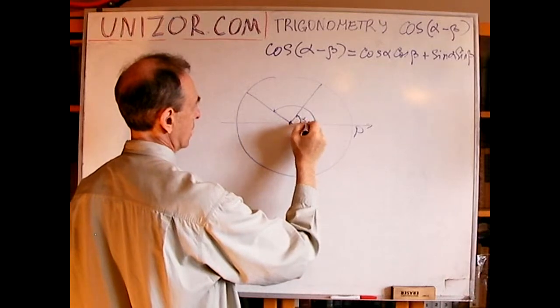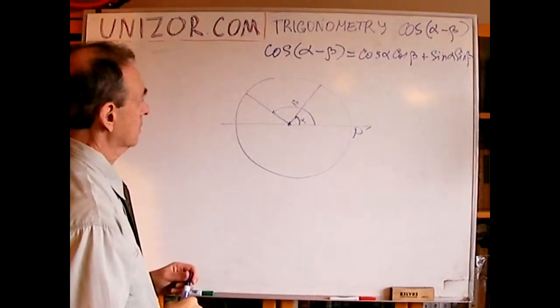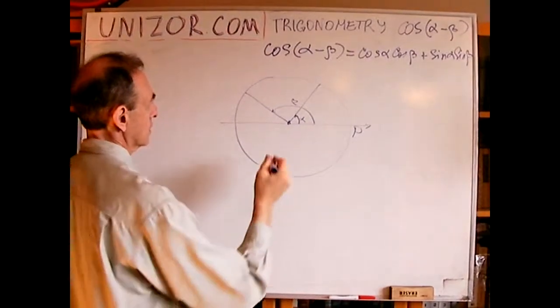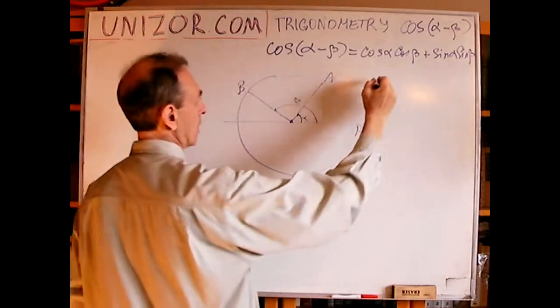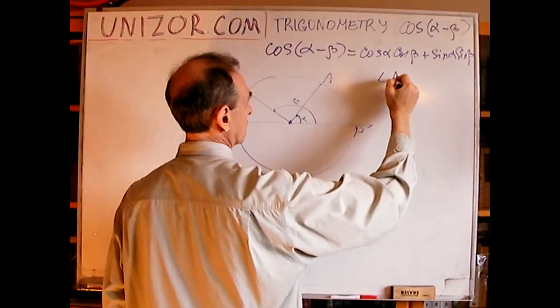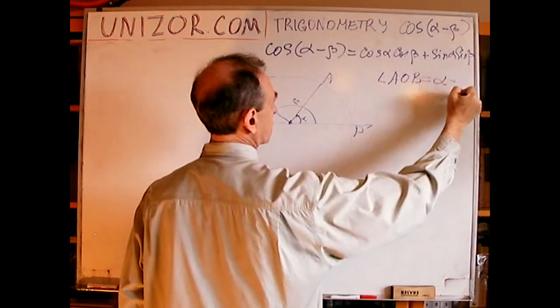So, this is alpha and this is beta. These are two angles. Now, this is A, this is B, and obviously the angle AOB is equal to alpha minus beta.